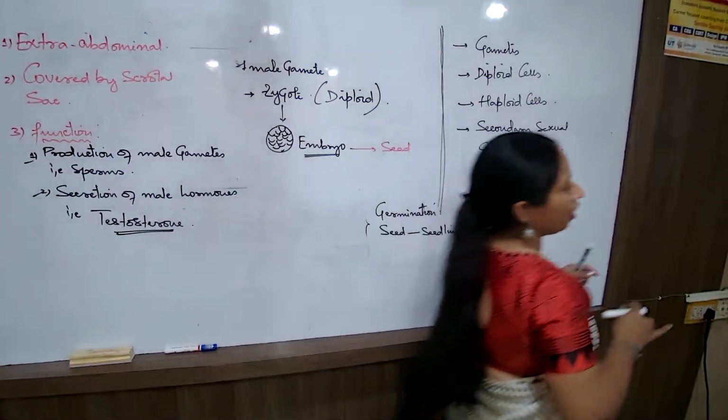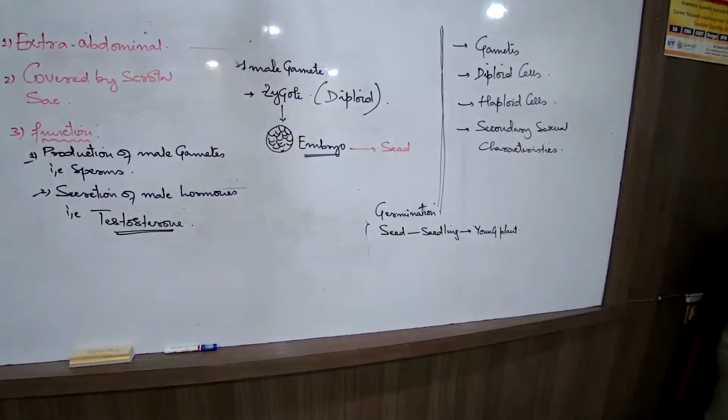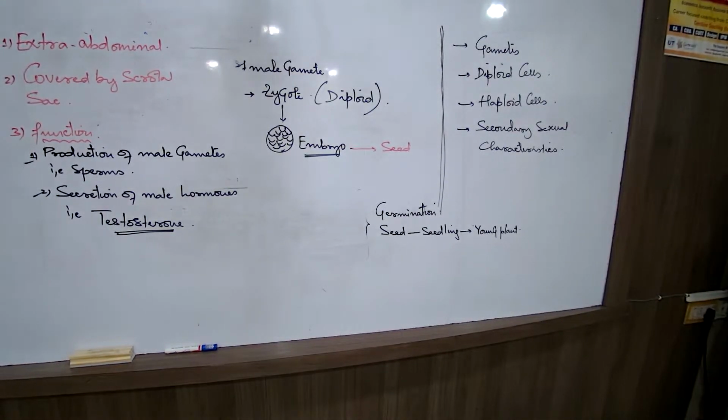This scrotal sac which is surrounding the testis will take the testis closer to the body when the surrounding temperature is very low, so that the temperature of the testis does not fall beyond a particular temperature. Again, the scrotal sac will relax and take the testis a little bit away from the body when the body heat is increasing or the surrounding temperature is very high.